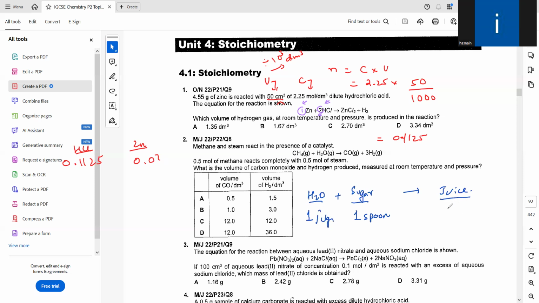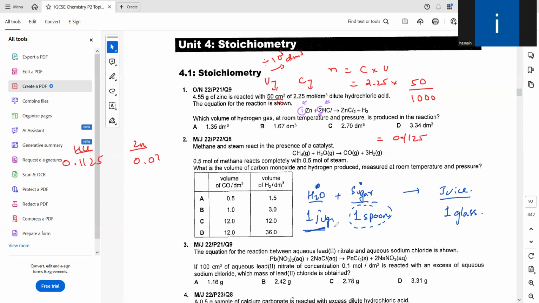I want to make only one glass of juice. Think and then answer: which of these two, water or sugar, will be consumed more? Is that water or is that sugar? Yeah, that's nice. Because all of the sugar would be consumed in making this juice, right? Since we have a bulk of water, we still have a couple of glasses left in the jug, right? Do you get this part?